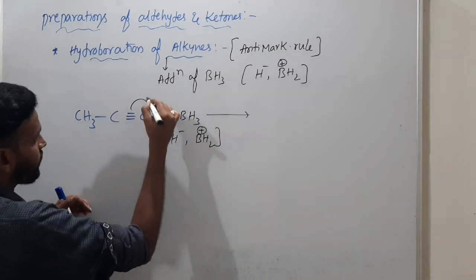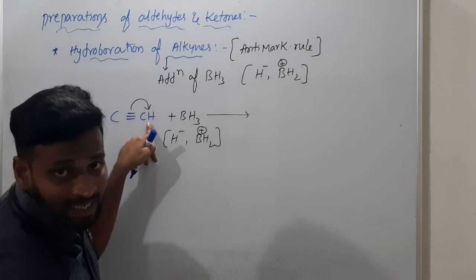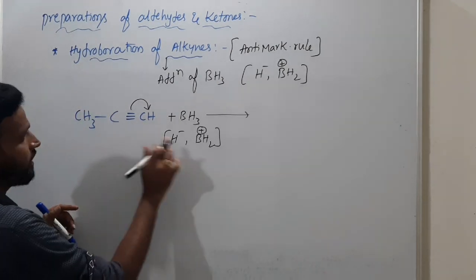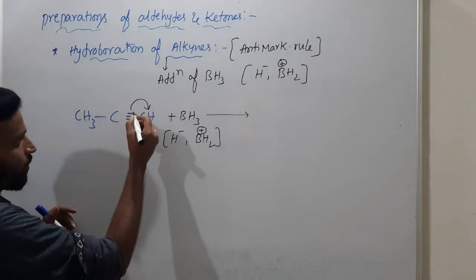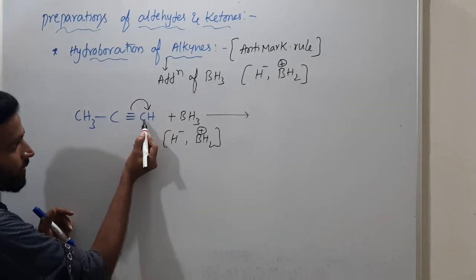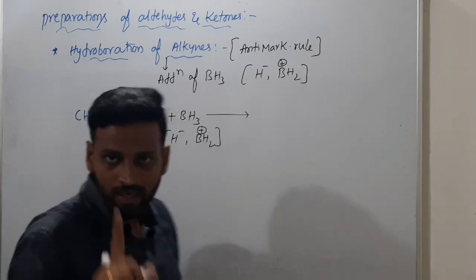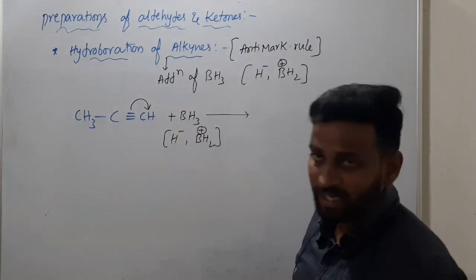So if the pi bond migrates over here, this carbon gets positive charge and this carbon gets negative charge. Correct or wrong? So BH2 plus will add here and H minus will add here. Why is this pi bond migrating over here? Here the positive charge is secondary, which is more stable. Understanding everyone?